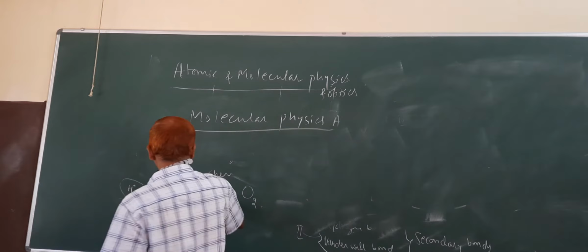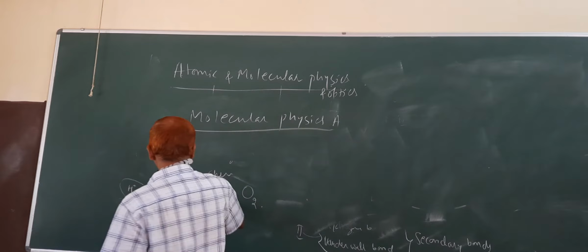These are the electrons, right? Helium is 2He4. How many electrons are there? The number of protons is equal to the number of electrons. So it consists of 2 electrons and there are 2 protons. Positive charge in the nucleus, negative charge in the electrons.